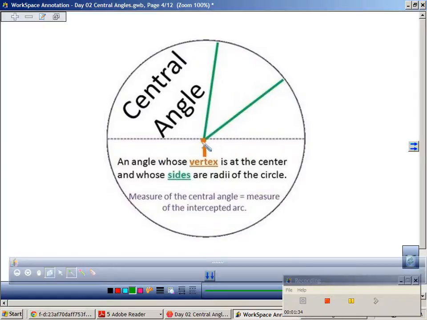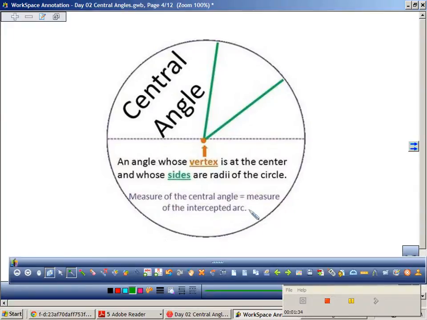So this is a radius, this is a radius, and together with their vertex, this makes your central angle. What's really interesting about the central angle is that the measure of the central angle equals the measure of the intercepted arc. Alright, let's talk about what an arc is.